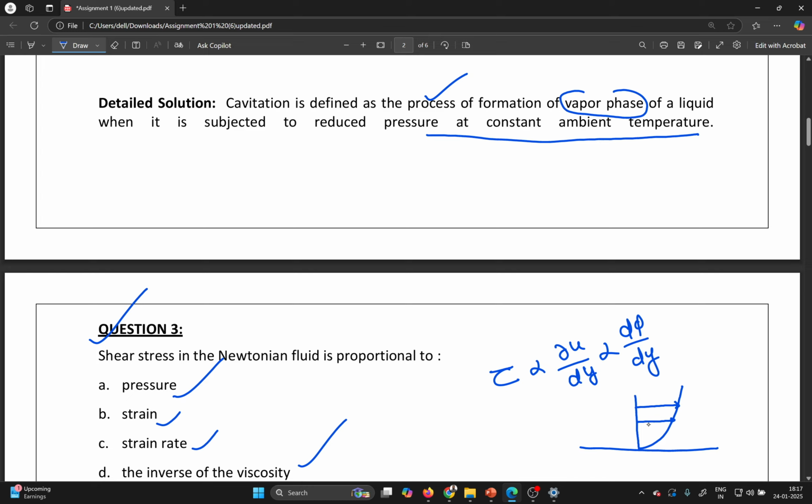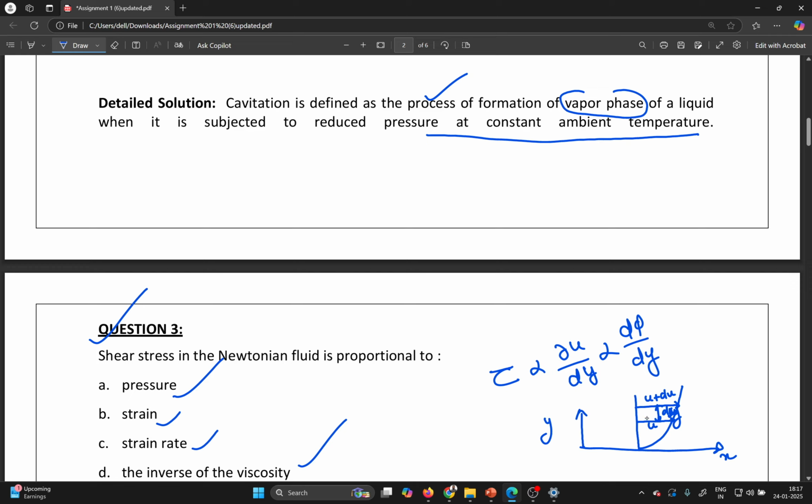So if this velocity is your u, and this is your u plus du, and in this direction y and in this direction x, this is your du and this is your dy.